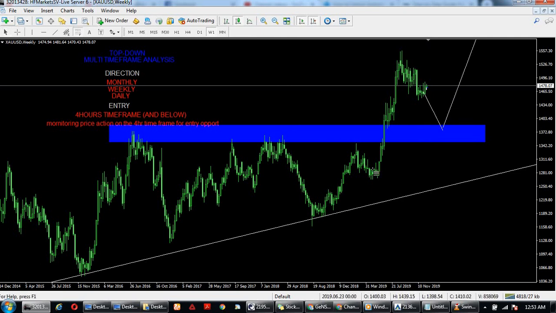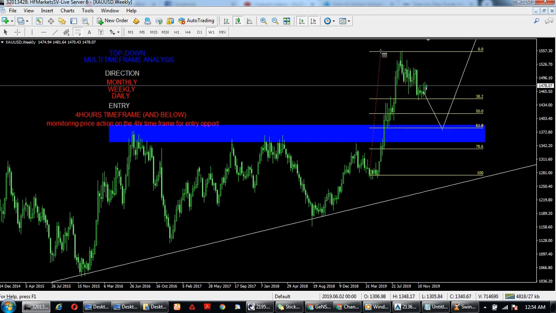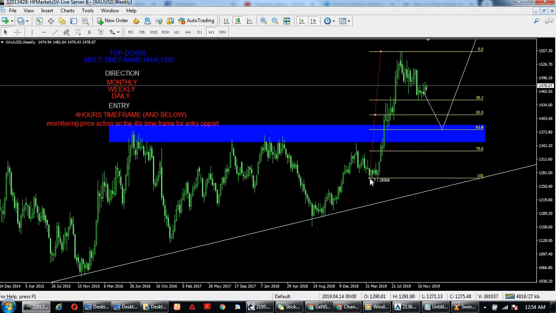So we can now take from swing low to swing high. Come with me guys, let's see what's playing out here. From our swing low to our swing high, where is the pullback most likely going to end guys? Take note, we said the strong reversal areas are the 38.2, 50.0, 61.8, and lastly the 78.6.